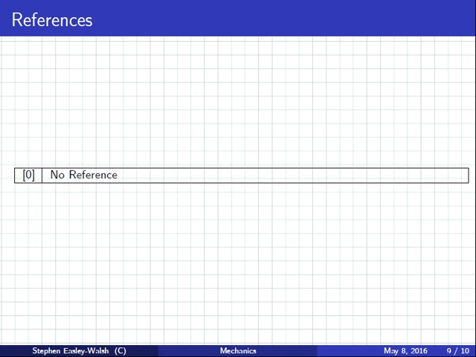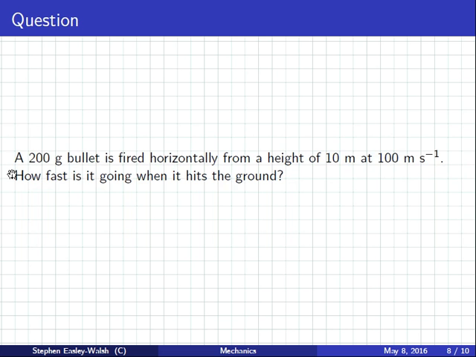A 200-gram bullet is fired horizontally from a height of 10 meters at 100 meters per second. How fast is it going when it hits the ground?